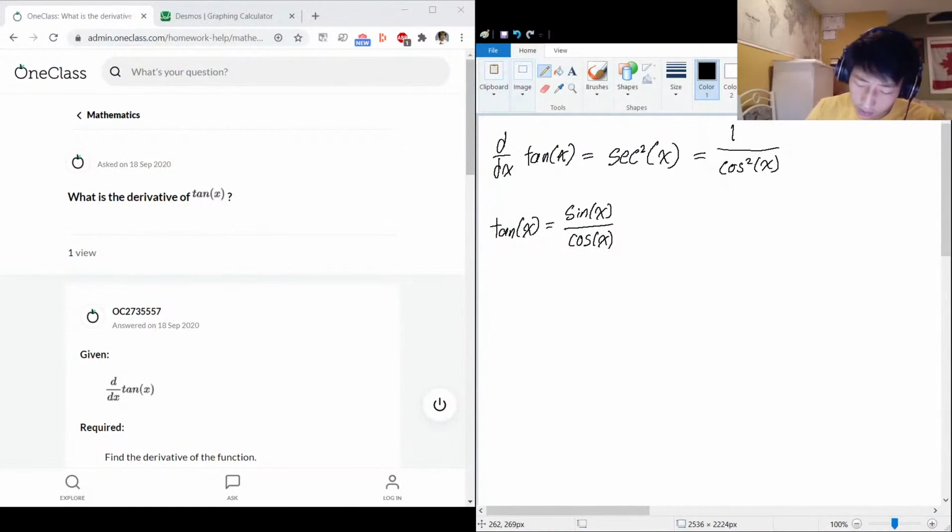Okay, so if we were to take the derivative d over dx of tan of x, that is equal to d over dx of sine over cos. We got to hit this with the quotient rule.